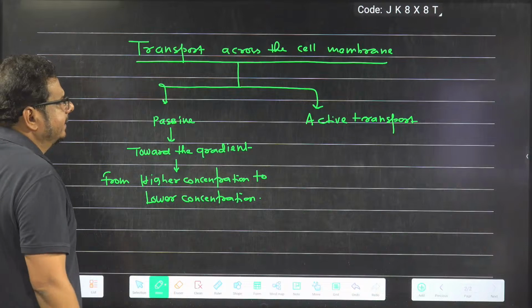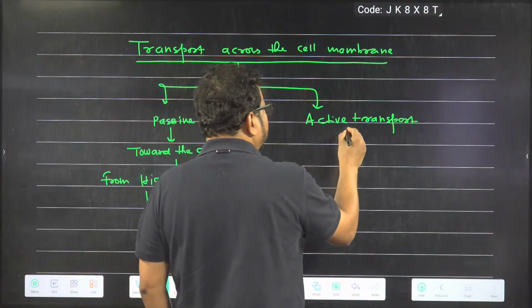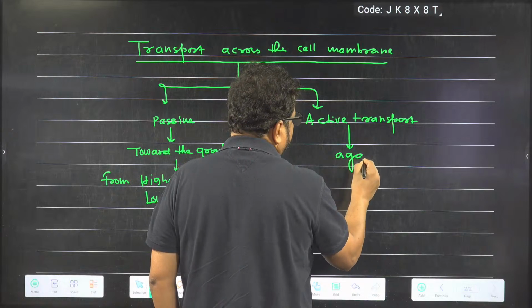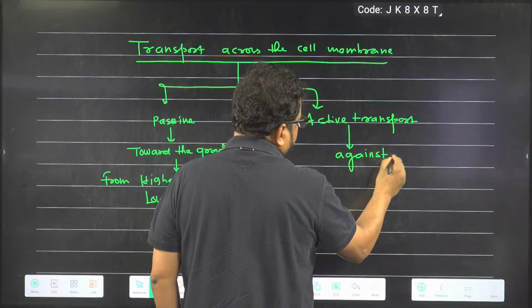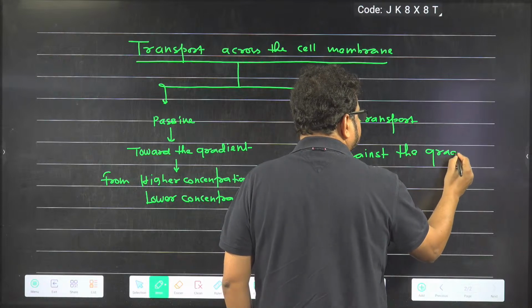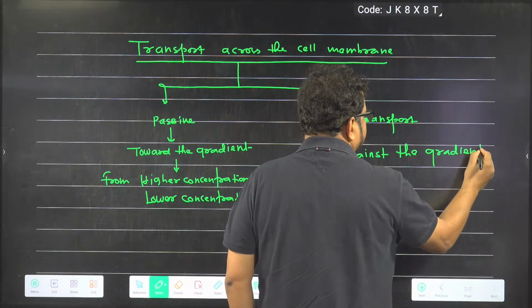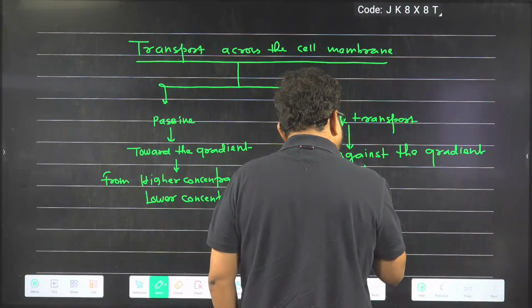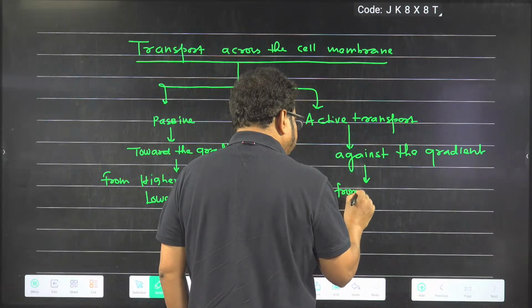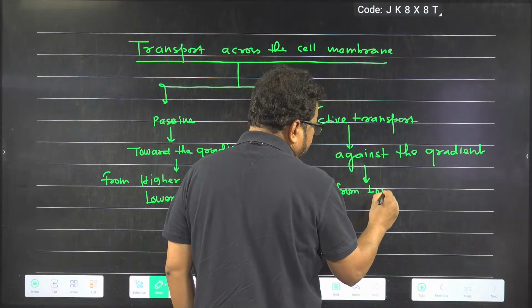It occurs toward the gradient. If we talk about active transport, it occurs against the gradient. What is the meaning of against the gradient? From lower concentration to higher concentration.